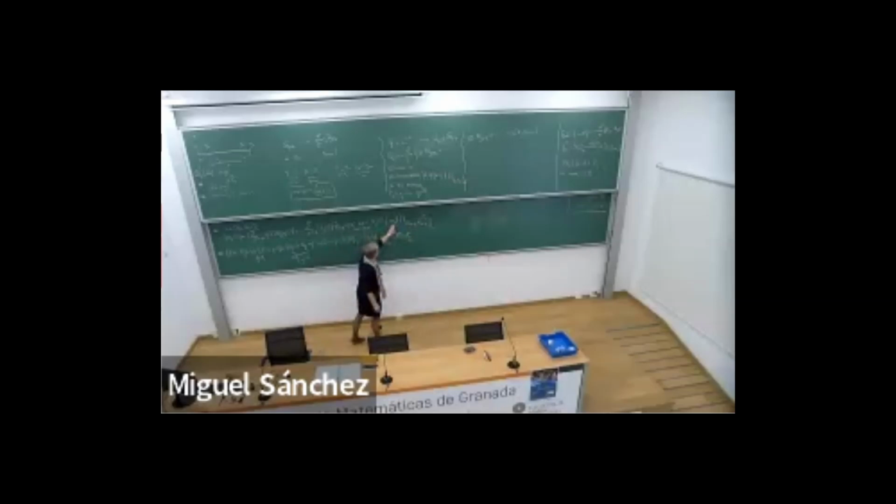This is just replacing f with f minus g. And this means that this is (1 plus Cp) norm of f minus g on Jm.